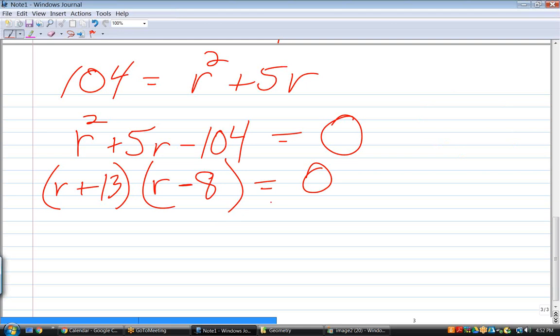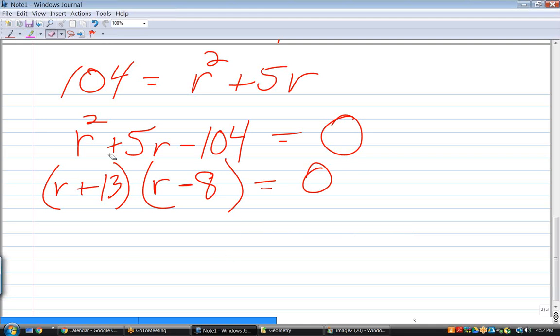Remember, this started out as a problem where we have a right cylinder that they gave us the surface area and height, and we're trying to figure out the radius. Well, what's the next step? I get two answers. How do I solve this? Well, I'm not sure, but what happened to the r squared?